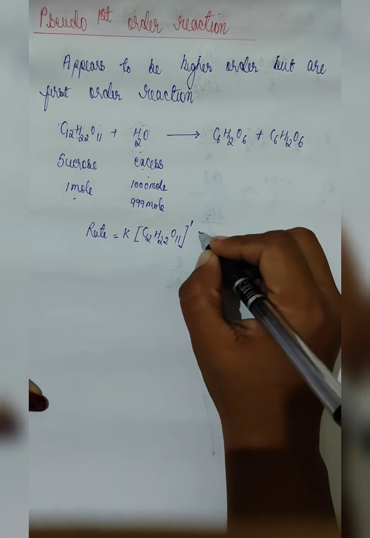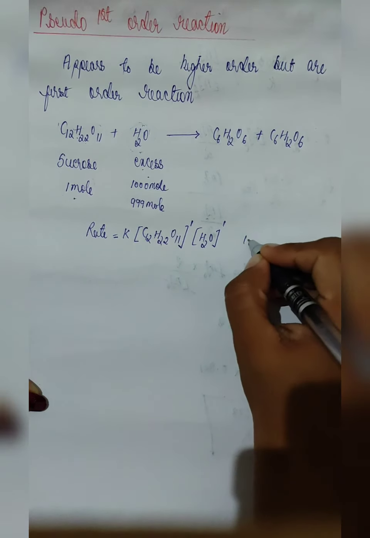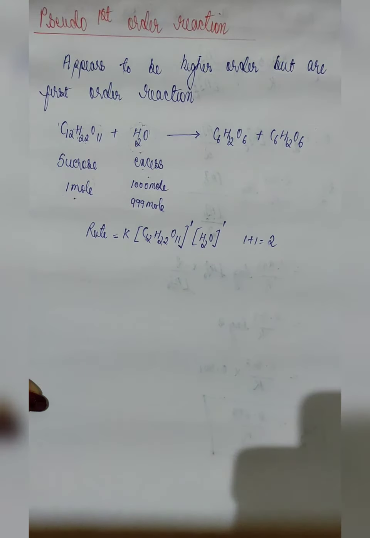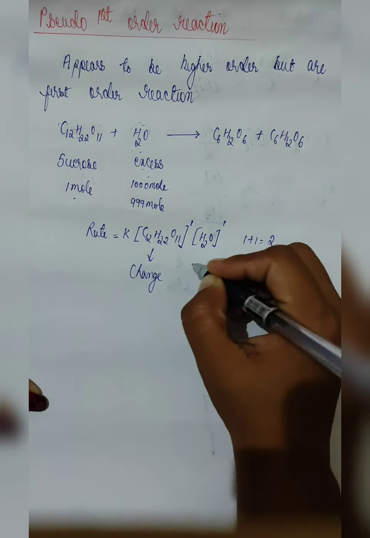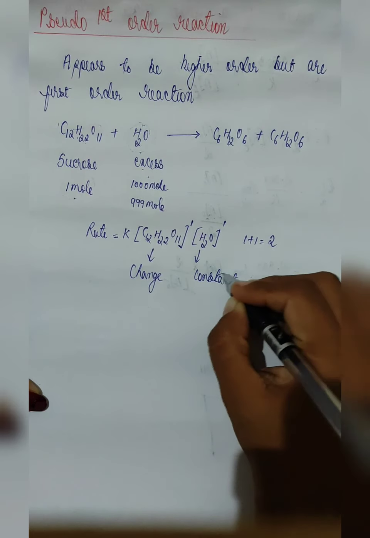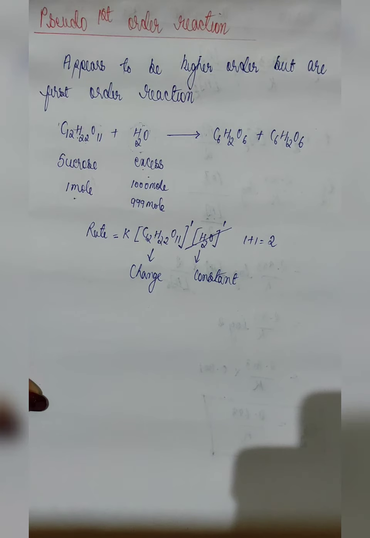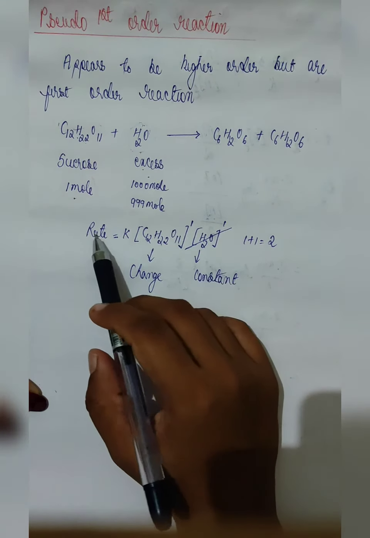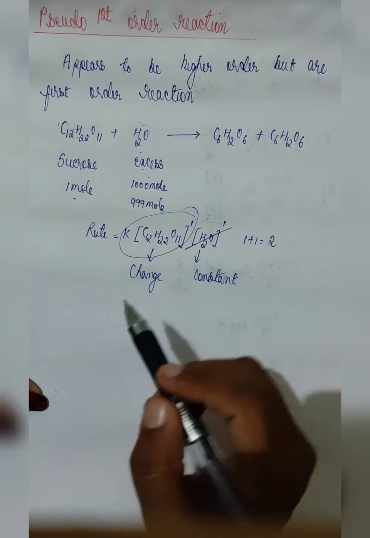Power will be 1. So it should follow second order reaction, but the concentration of sucrose is changing, while the concentration of water does not change. It remains constant. So this will not participate in the rate. So here the order of this reaction will be just 1.